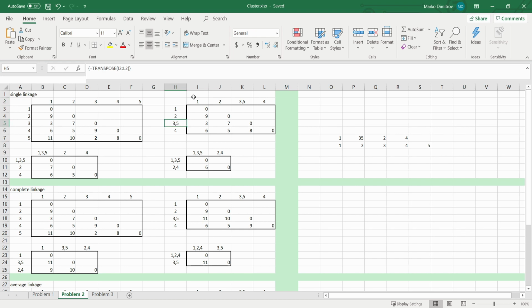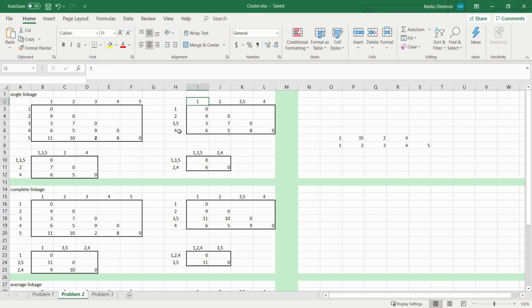It is the minimum of two distances, 1 to 3 and 1 to 5. The distance between 1 and 3 is 3 and between 1 and 5 is 11. The smaller is 3, so we put 3.